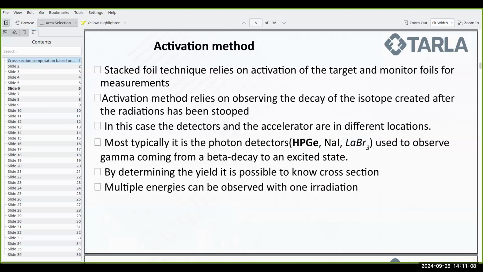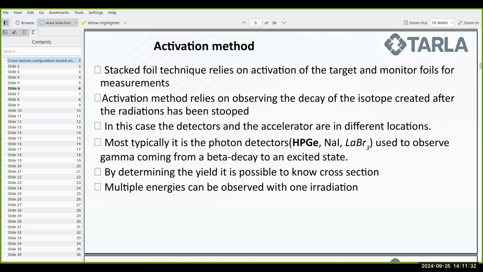Typically, to get a good reading of the outcome of the reaction, you need a detector which will be able to measure the spectrum of the outgoing particles. Most commonly, these are germanium detectors in recent times, in certain cases also lanthanum bromide detectors. But in the past, this has been done with sodium iodide.